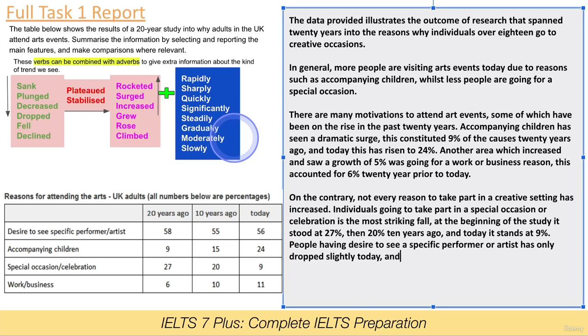Today from the start of the study, and in fact has seen a 1% rise from 10 years ago.